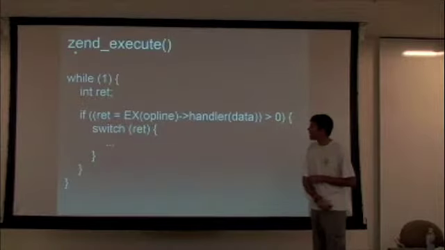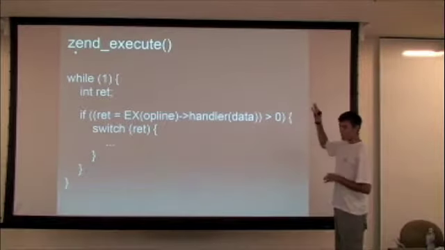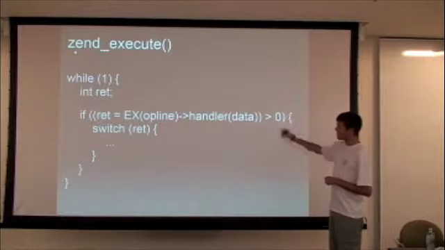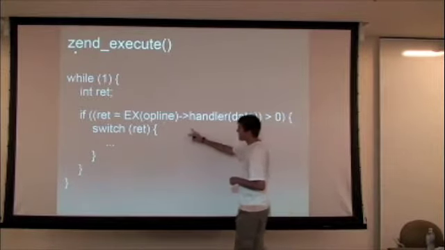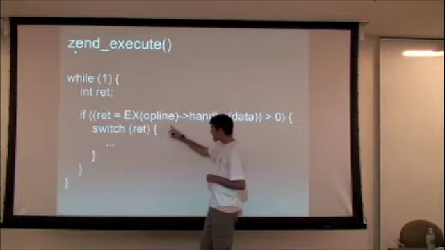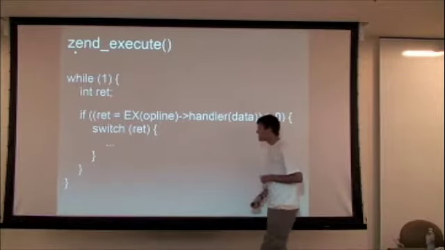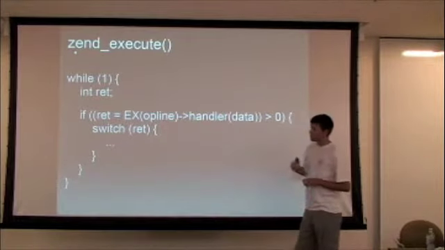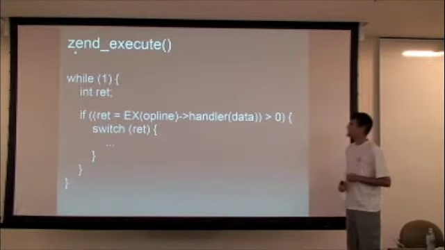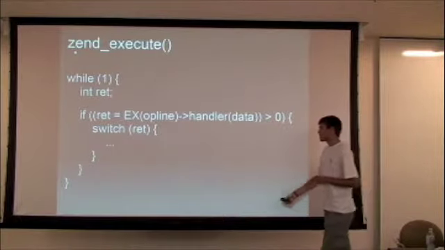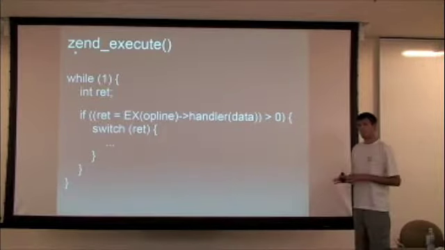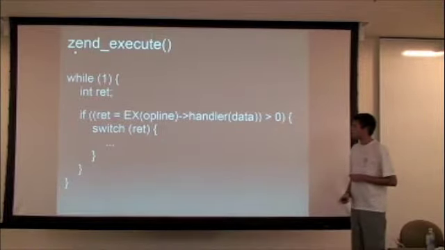Okay, so this is how the current executor looks. It is a very simple interpreter: while true, do stuff. This is the current bytecode that is being executed, and then we just call the handler that is capable of interpreting that specific bytecode. This is just a function pointer which is cached for that specific bytecode.